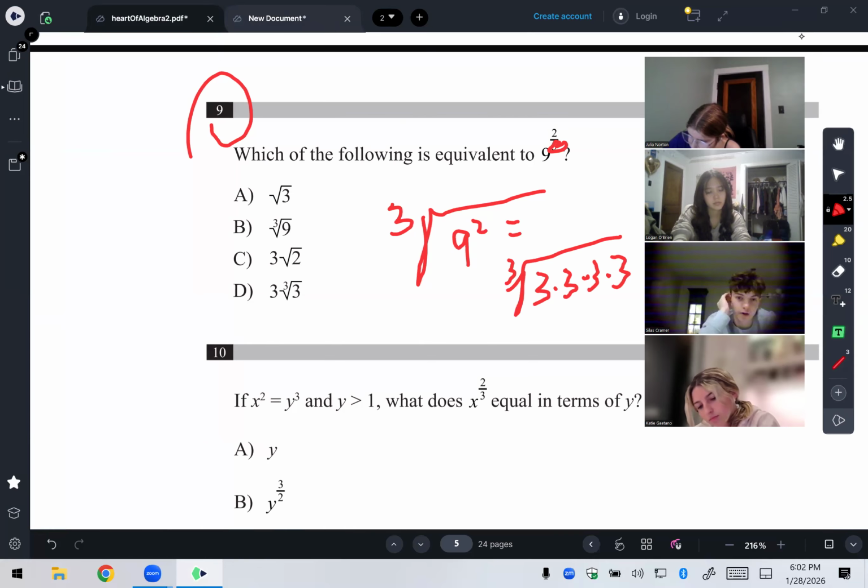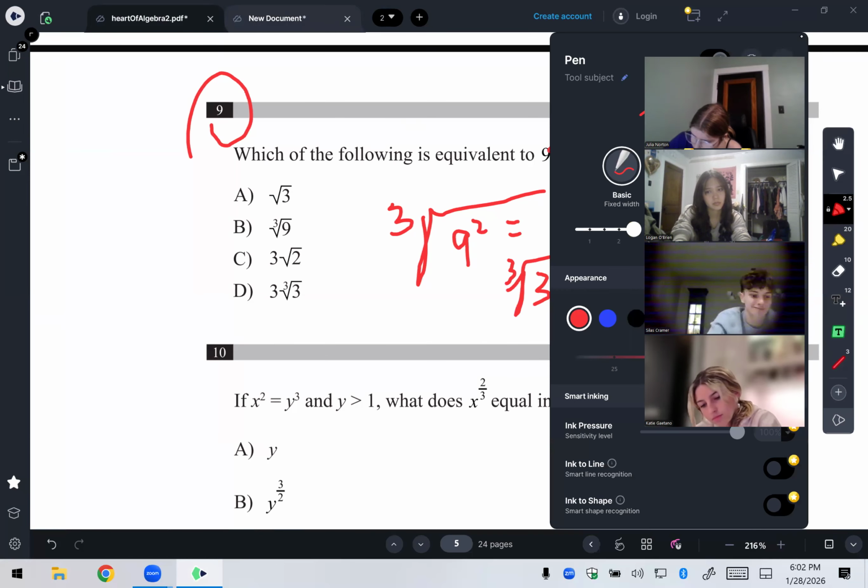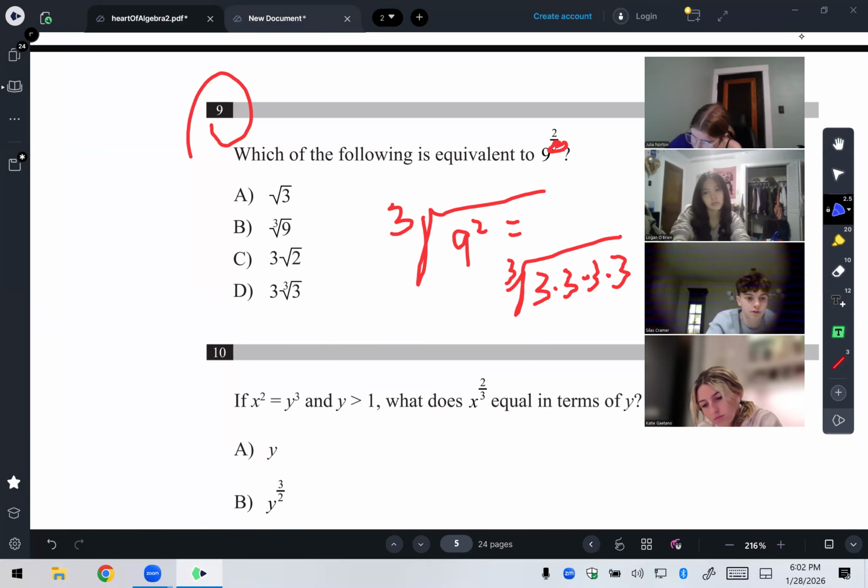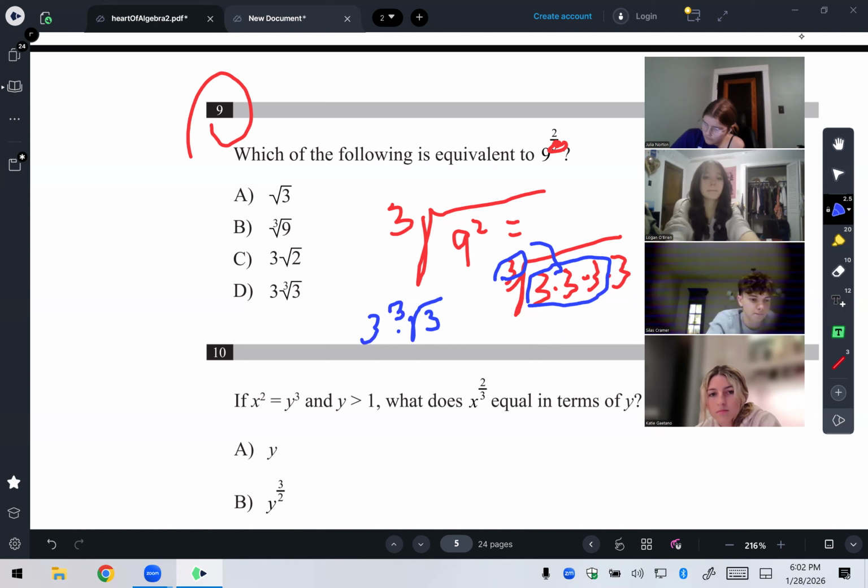Now this poses a dilemma, because, don't do this in real life, you have to make a marriage of threes because it's a third root. So you see the answer will be 3 times the cube root of 3.